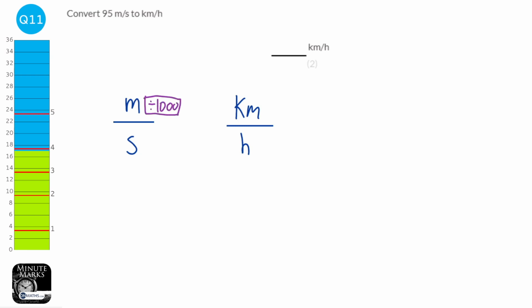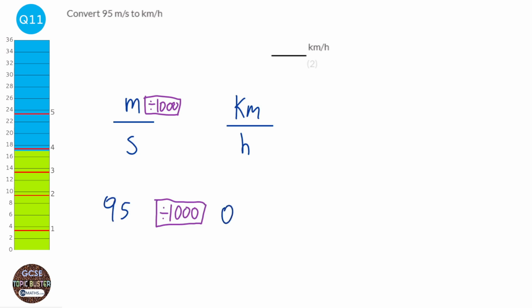And when you divide the top of a fraction by 1,000, you just divide the whole thing by 1,000. So we've got 95, and we divide the whole thing by 1,000, so we get 0.095, and that's going to be kilometers per second, because we haven't dealt with the seconds yet.